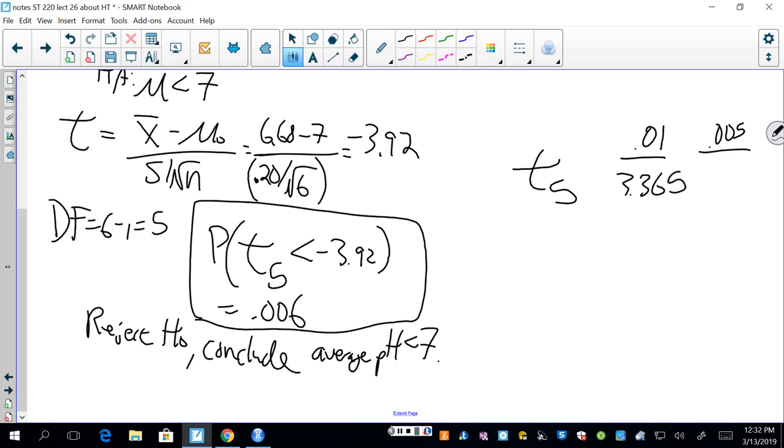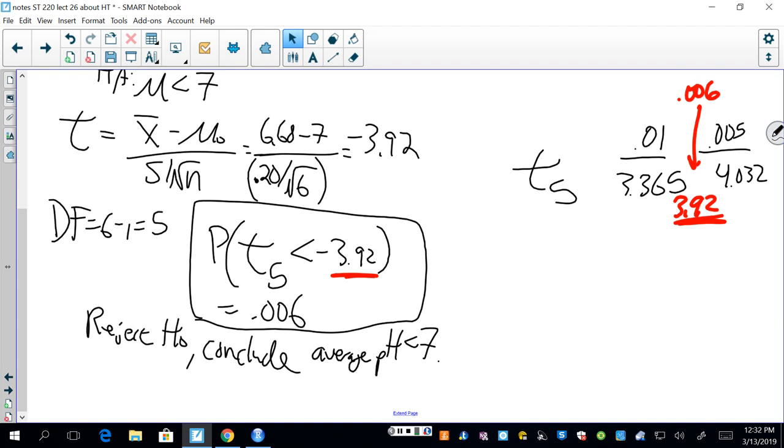Okay. And at the 0.005? 0.005 is 4.032. And the statistic, kind of one tail or the other, is 3.92. Oh, that's between the two. Between the two. And if you go to the computer, the computer will say that this is 0.006. Okay, thank you. So it gives kind of a bound on those.